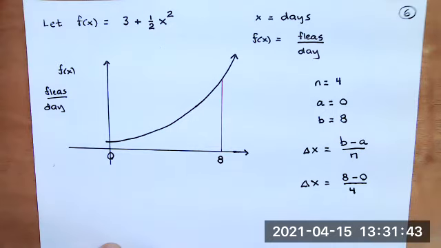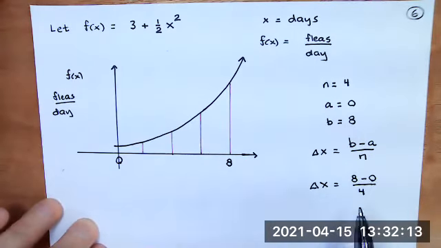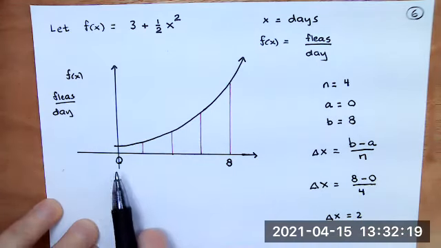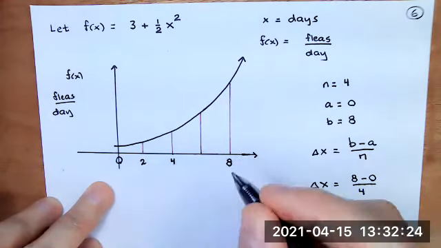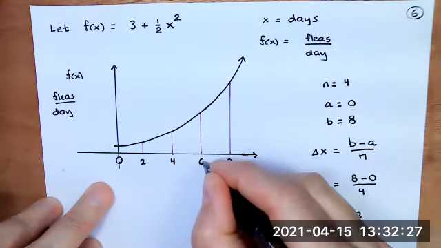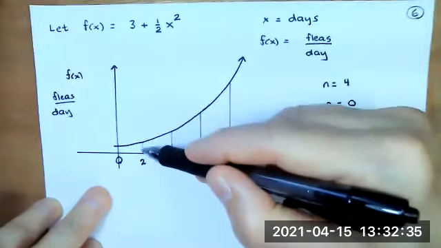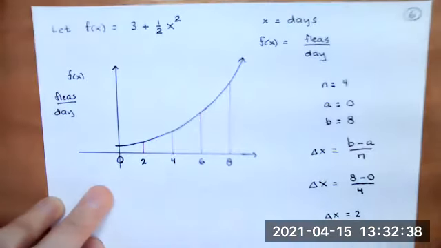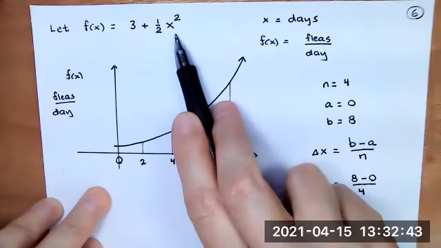Let's draw in my intervals. 4 intervals, and they each have a size of 2. So I start at 0. This will be x equals 2, x equals 4, x equals 6, and x equal to 8. Then I want to find the height. So I'm going to plug each of my x values into my original function.